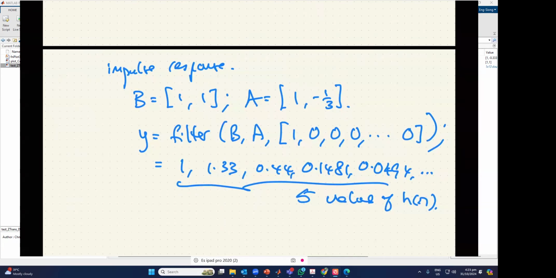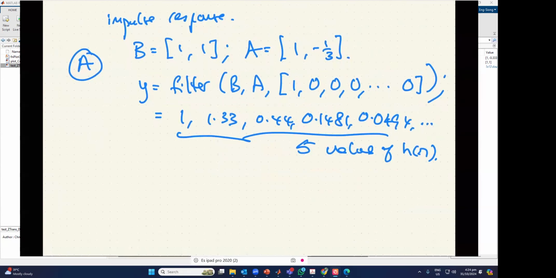How many other ways can you do this? This is the brute force way. How about getting the closed form solution? This is non-trivial already. What can you do, guys?